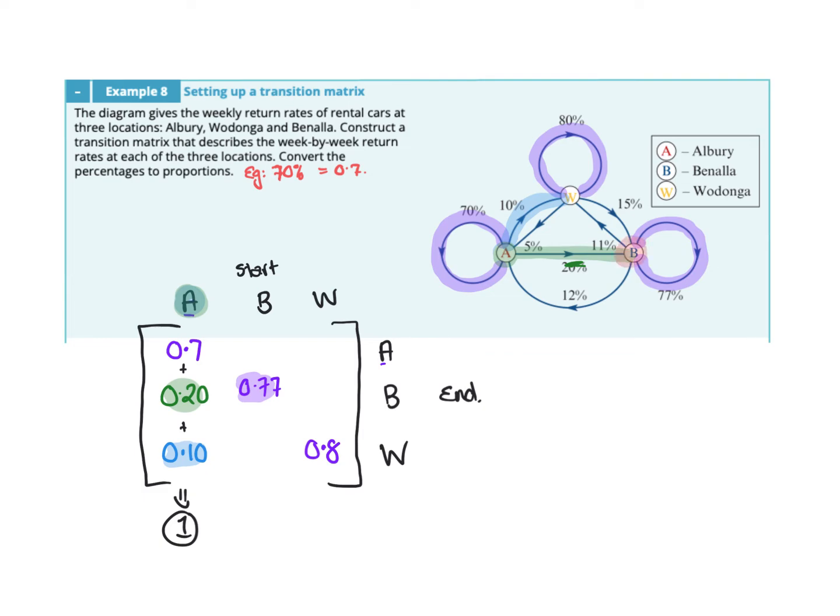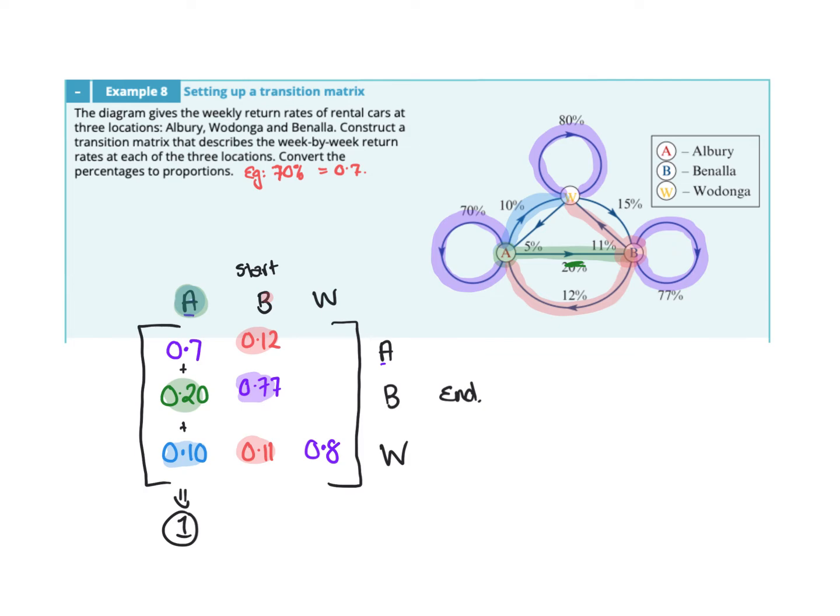So let's go finish it off. Let's look at B. If I go from B to W, it says 11%, so I would write that as 0.11. If I go from B to A, that would be here. B to A, that's 12%, so I put 0.12. And then let's fill in the rest.